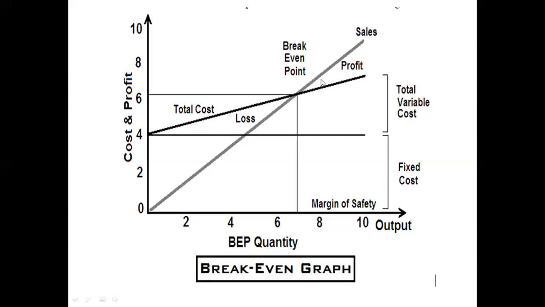The angle above this we can name as the angle of incidence. It is the angle at which the income line or sales line cuts the total cost line. If the angle is large, what happens? If the angle is large, it indicates that profits are being made at a higher rate. The profit zone is going to increase.